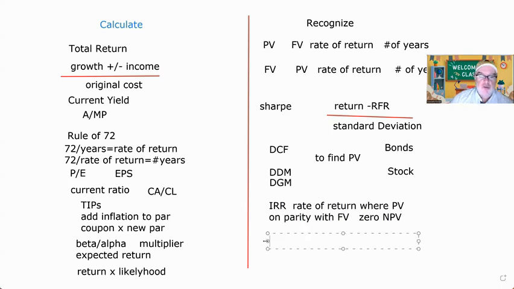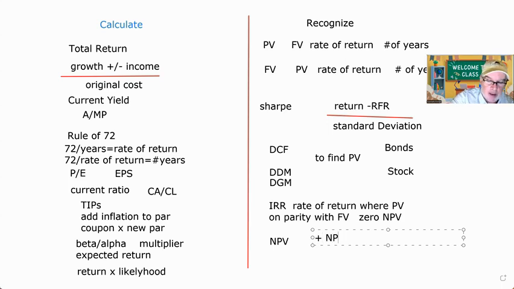And NPV, you should recognize NPV, there's two, right? So NPV is whether it's worth investing or not. If you come up with a present value and you have a positive NPV, that means the market price is lower than present value. You're getting a bargain.